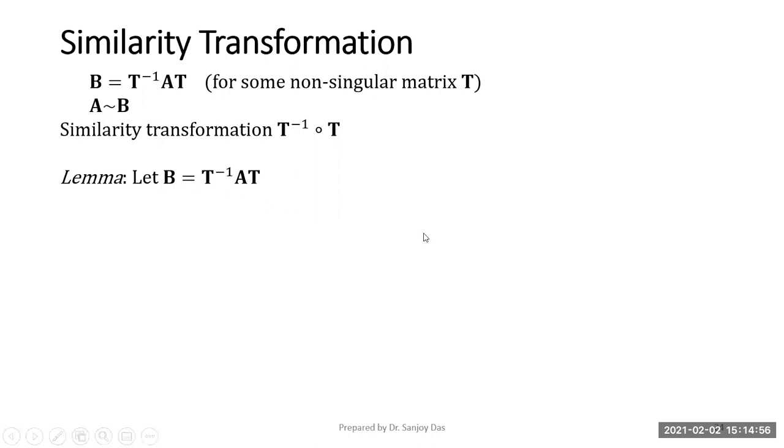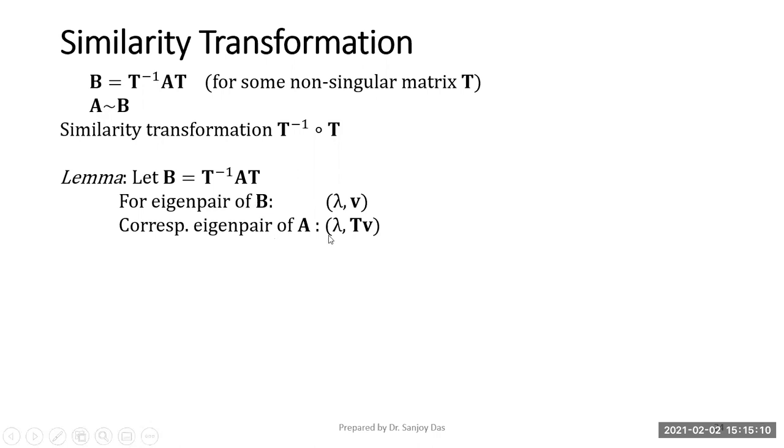So let B equal T inverse A T. Then for every eigenpair of B, if lambda and V is an eigenpair of B, then lambda and TV is the corresponding eigenpair of A. So what happens under similarity transformation?